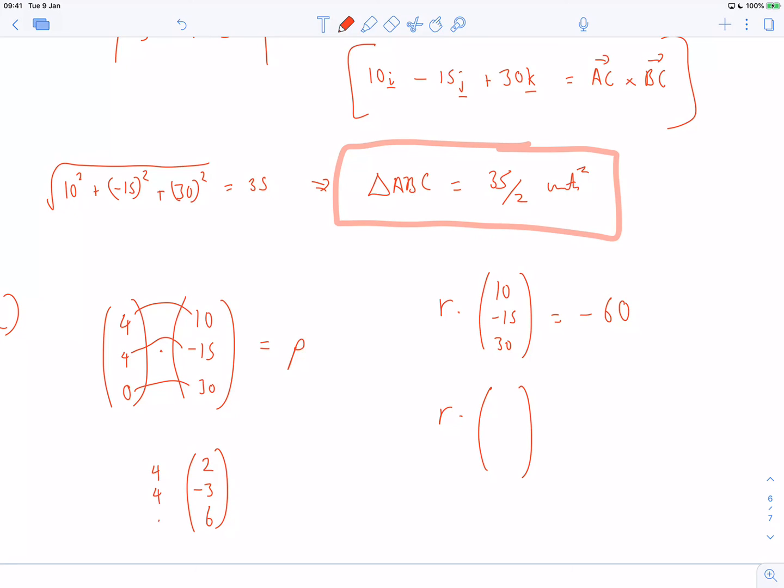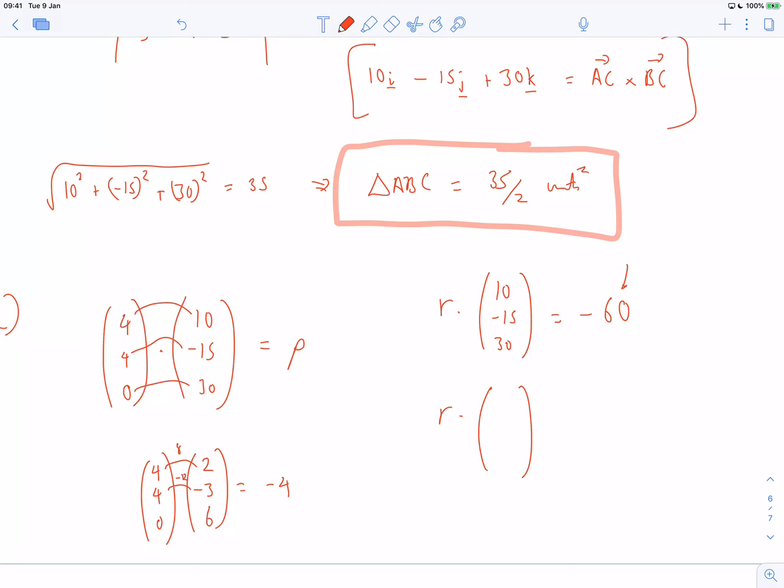If I did that by (4, 4, 0), what would happen? I'd have 8, minus 12 and nothing, and so that becomes a minus 4. Notice how dividing by 5 took minus 20 down to minus 4. Essentially, we're dividing by 5.